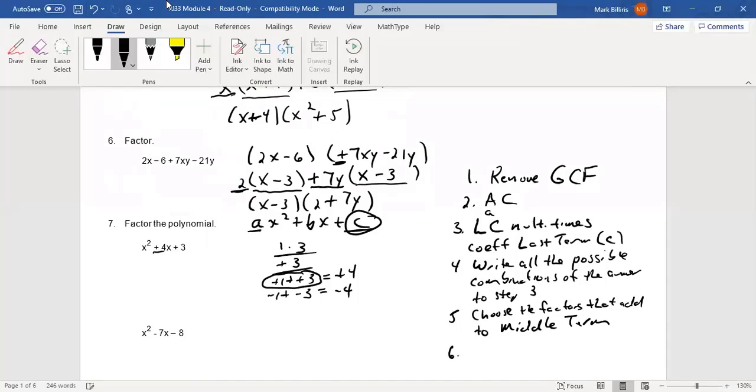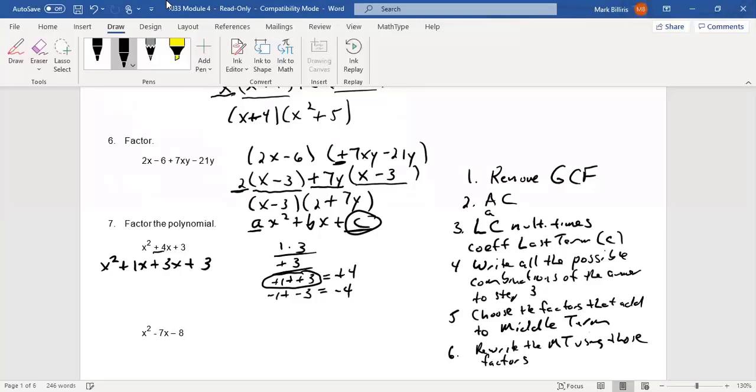So my next step is to rewrite the middle term using those factors. So I'm going to rewrite this as x squared, order doesn't make a difference, plus 1x plus 3x plus 3.